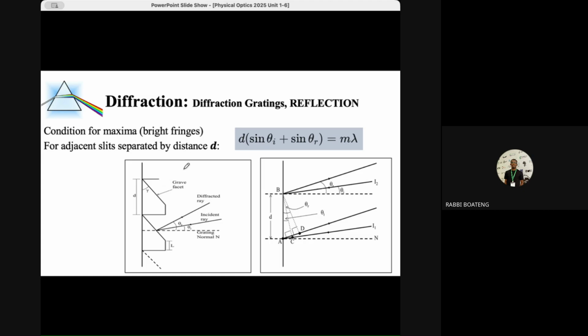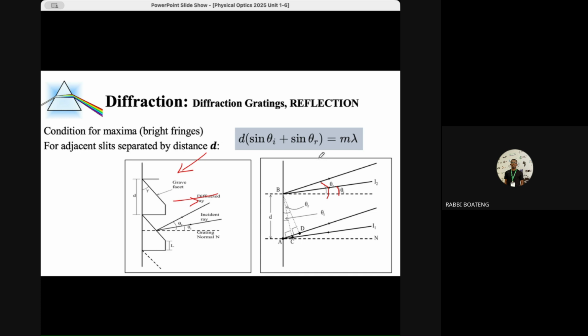this, where our incident, white light hits the surface here, and our dispersed light goes to this end. Here we can measure both the incident angle and the reflected angle.